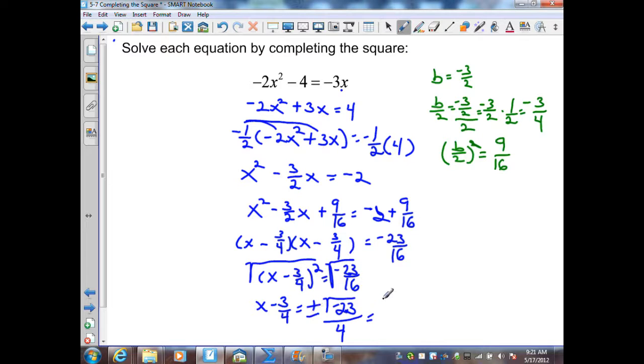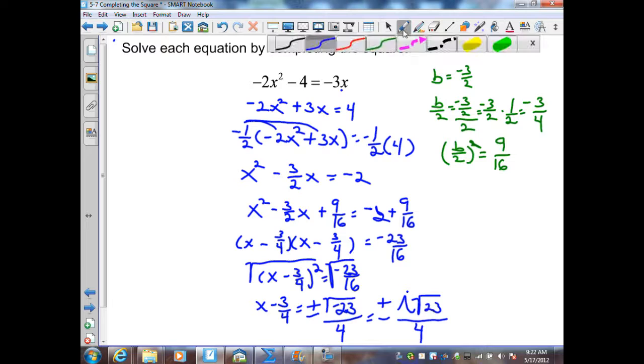But this simplifies plus or minus, and this breaks into a product of factors, a negative 1 and 23. The square root of a negative 1 is i. Square root of 23 over 4. And we know this is an imaginary number, and therefore I don't have any real roots.